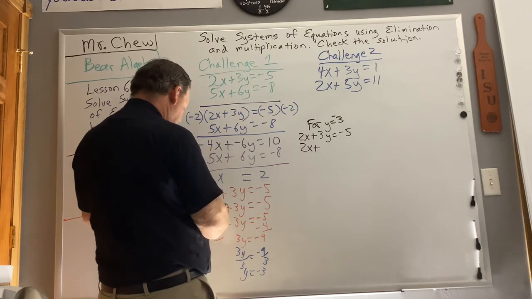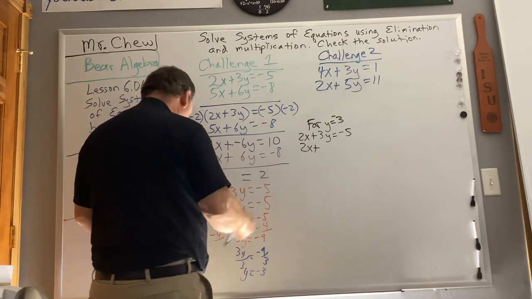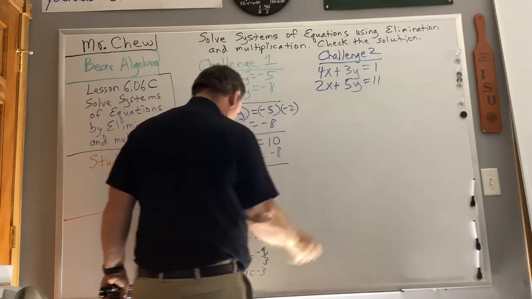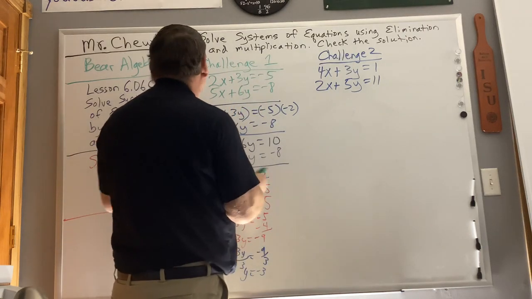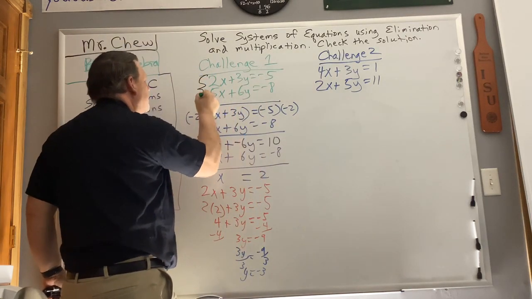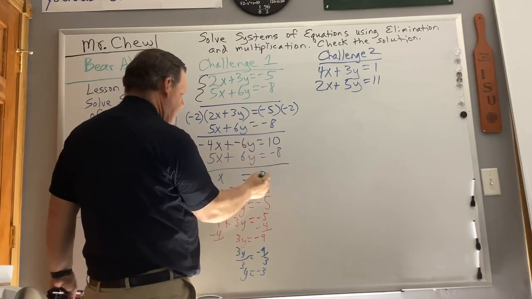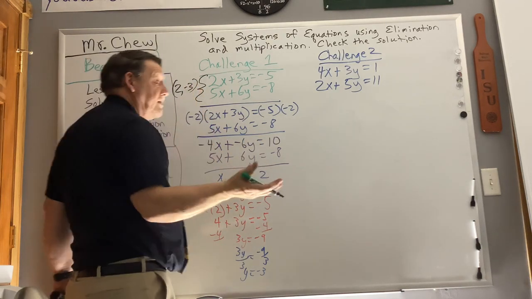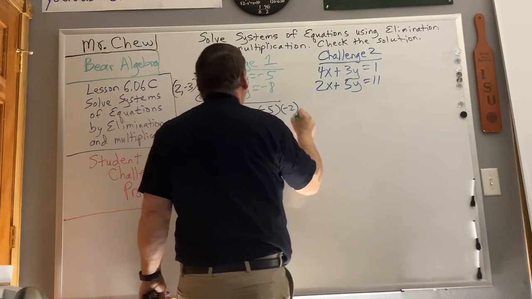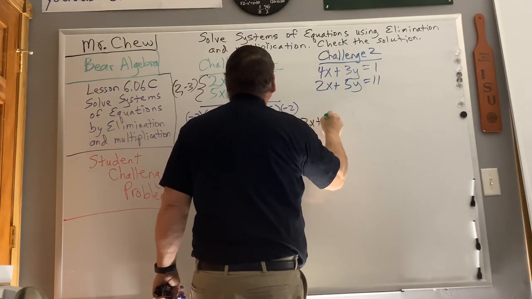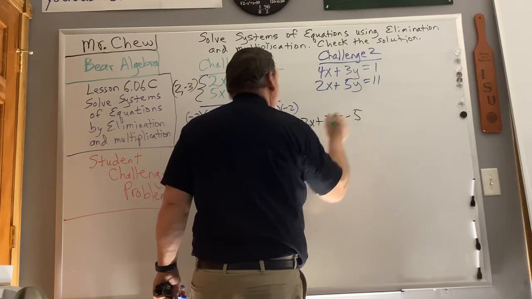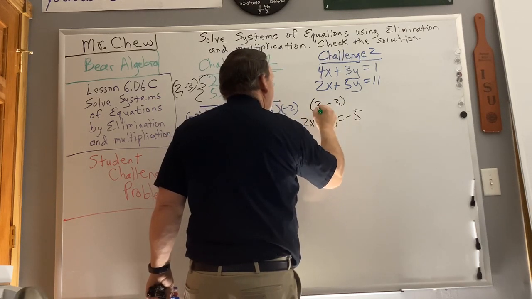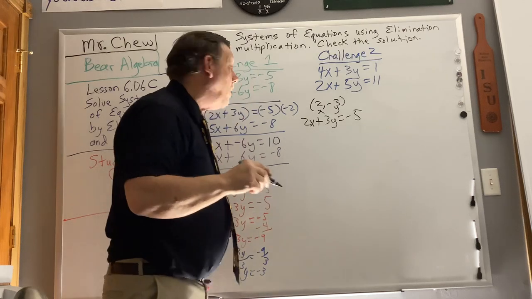Now I already have my x. I already have 2 here. So I'm just verifying that that solution is the solution. So we're saying that the solution here is 2, -3. I would have just gotten my 2 again if I'd have kept going. So let's just verify now that it is true in both equations. So it's 2, -3. The 2 is my x, the -3 is my y.